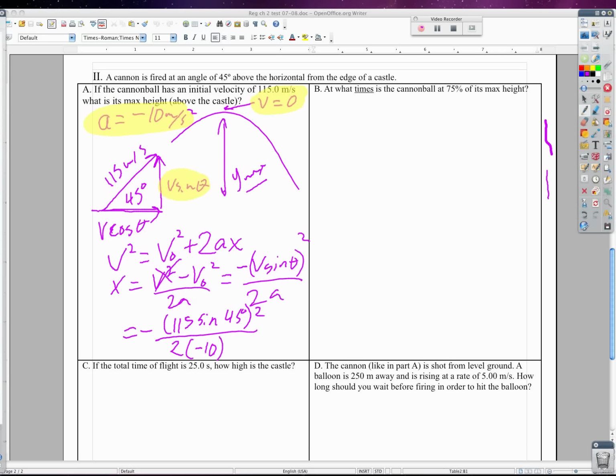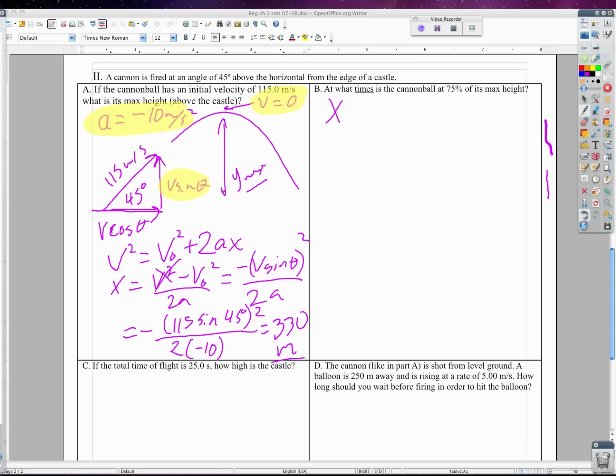So what do we know? Once again, the acceleration's still the same, and we know the initial velocity here. So we have y, a, and v, and we're looking for t. Then we can use x equals v0t plus 1/2 a t squared.